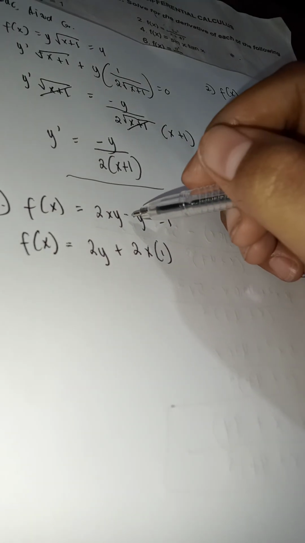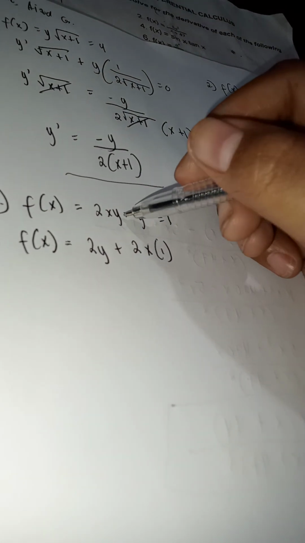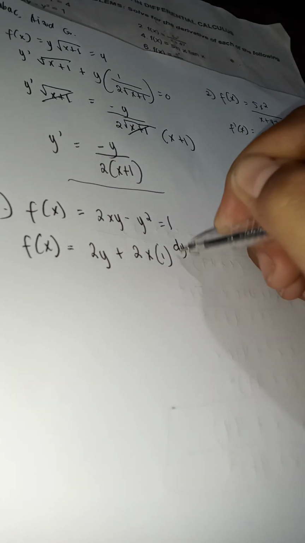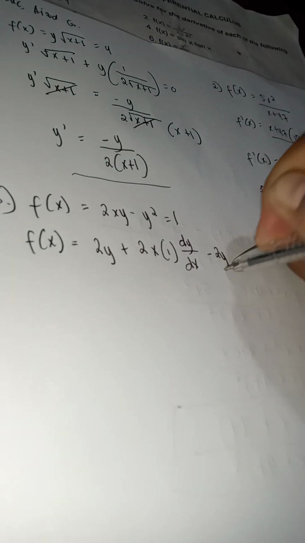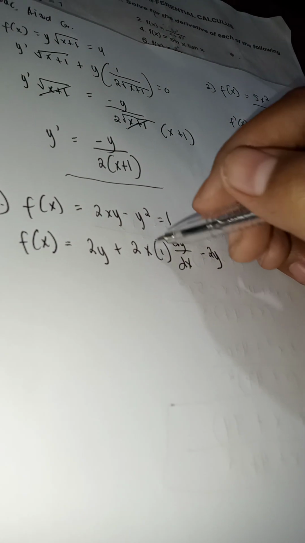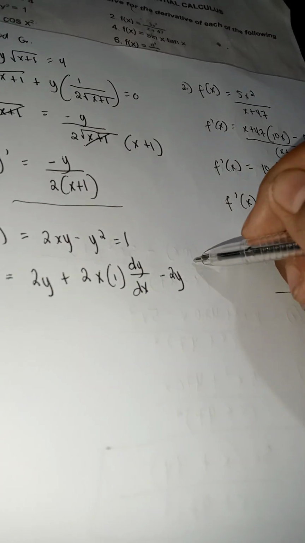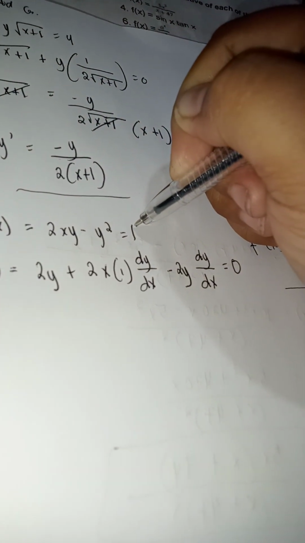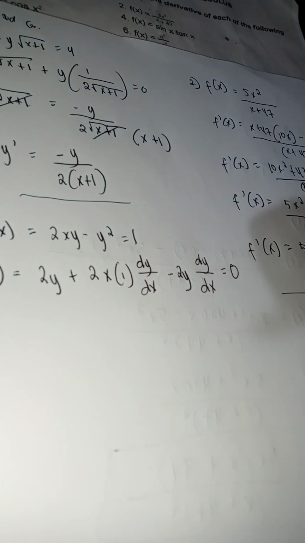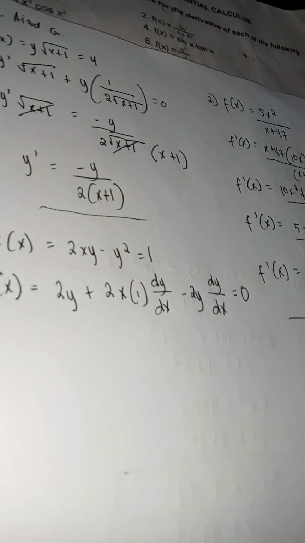Since we are getting the derivative of y, we add dy over dx. Then minus 2y, and since we are getting the derivative of y squared, we also add dy over dx. And it equals 0 because 1 is a constant and the derivative of a constant is 0.